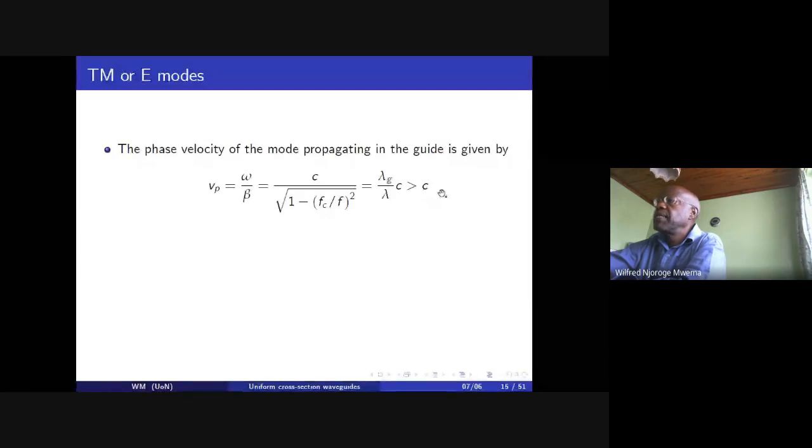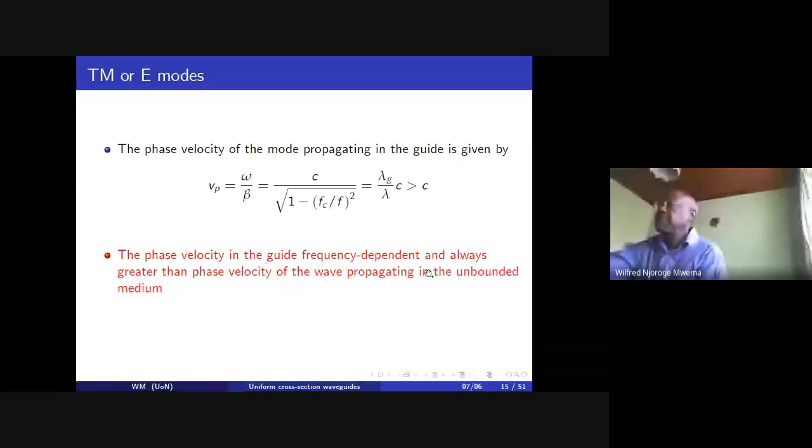Note, lambda g we have seen is larger than lambda, and therefore this is a true relation. So we say that the phase velocity in the guide is frequency dependent and always greater than the phase velocity of the wave propagating in that bounded medium.